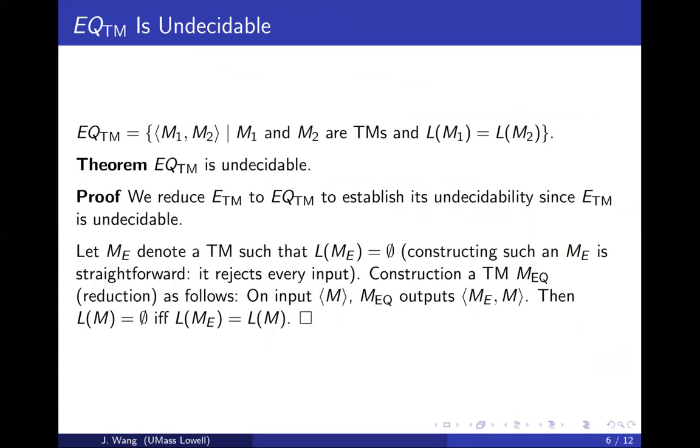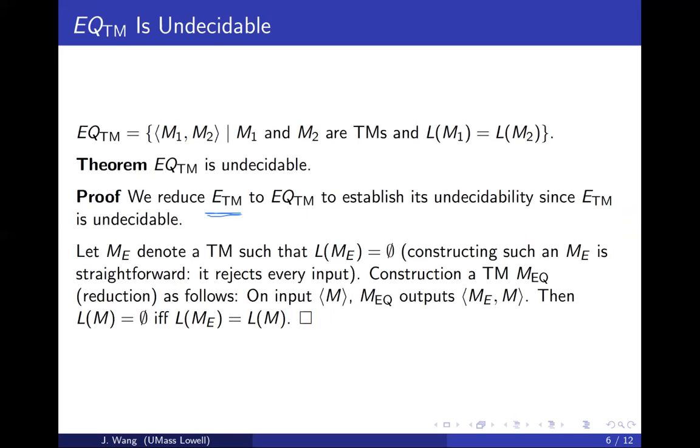For this problem, we're going to reduce E sub TM to EQ sub TM, because earlier we showed that E sub TM is undecidable. If we can reduce E sub TM to EQ sub TM, then we know EQ sub TM is not decidable. Here is the reduction.